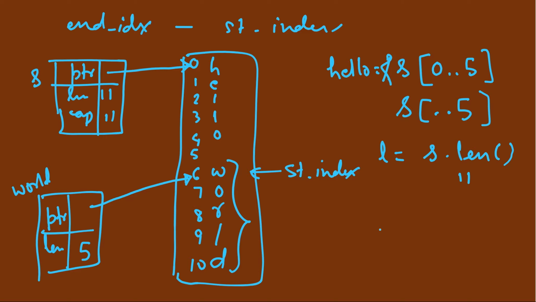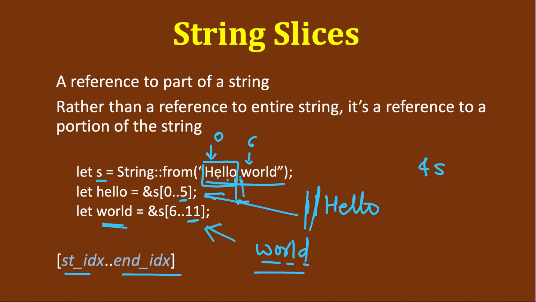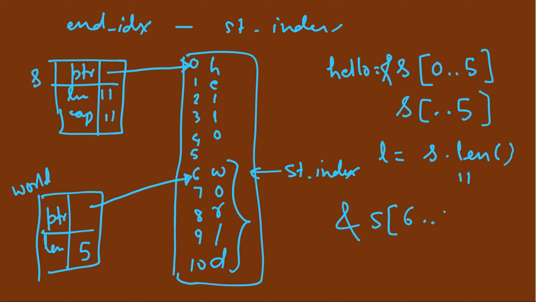So if we have some index 6 to 11, as in the case of world, here the last index was the length of the string. So this is the same as 6 dot dot.